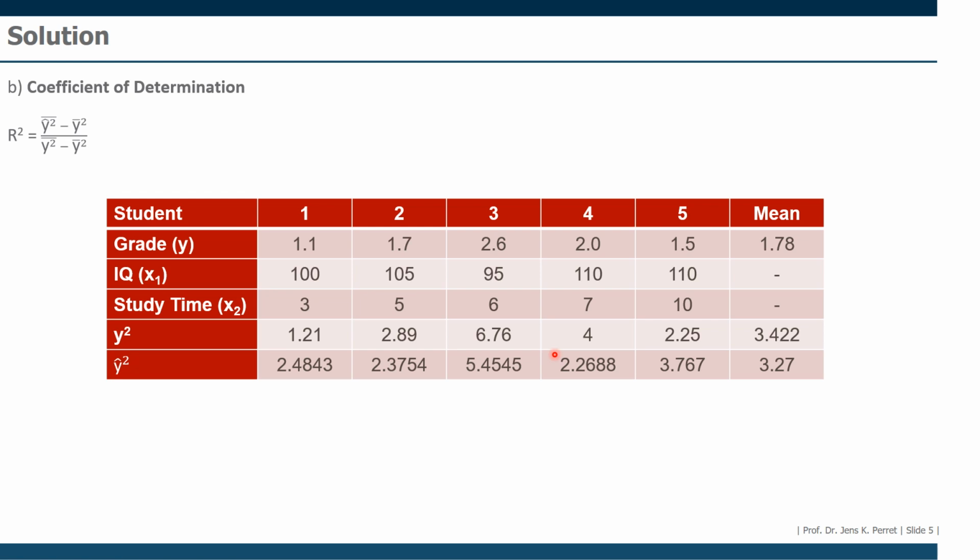Then I need 3 additional values, meaning I have to calculate 3 means. I need to calculate the mean of y, the mean of y squared, and the mean of the squared estimated y values. Because then I have all the 3 values I need for this formula for r squared.